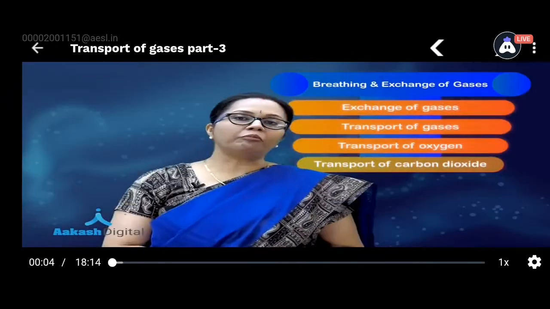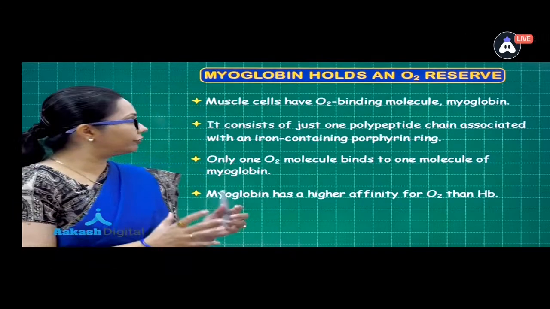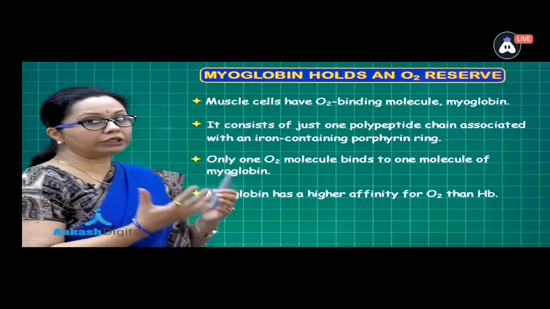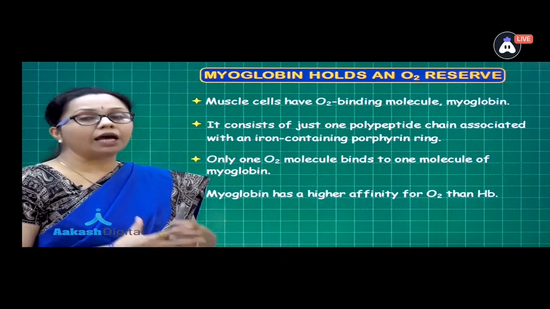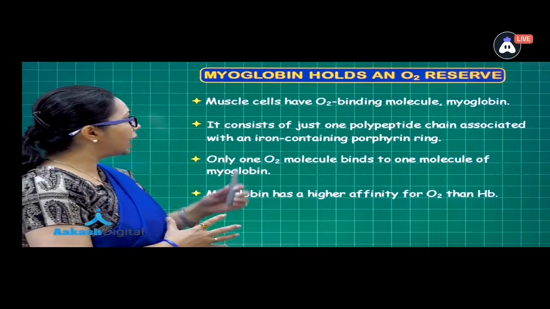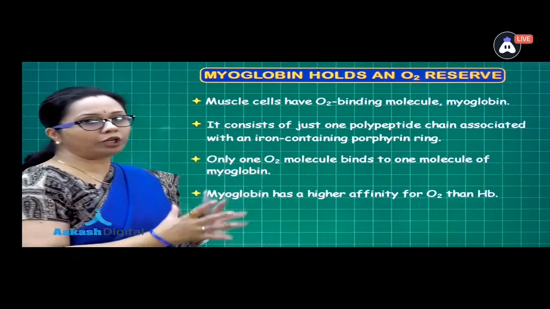Taking up myoglobin. Now myoglobin it holds oxygen as a reserve. Now where is this myoglobin present? So as the term myo denotes, it is present inside our muscles, and muscles also, it is majorly in the red muscles, and this one has one single polypeptide chain.